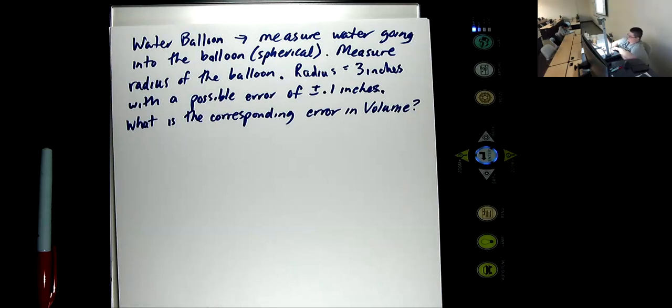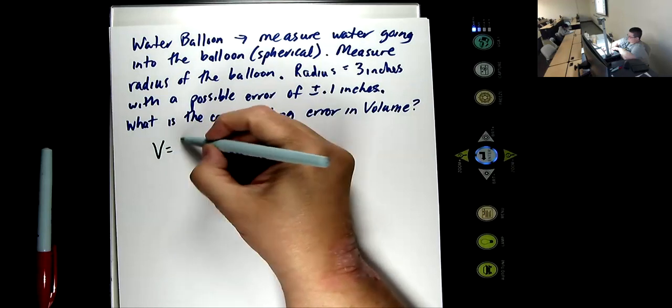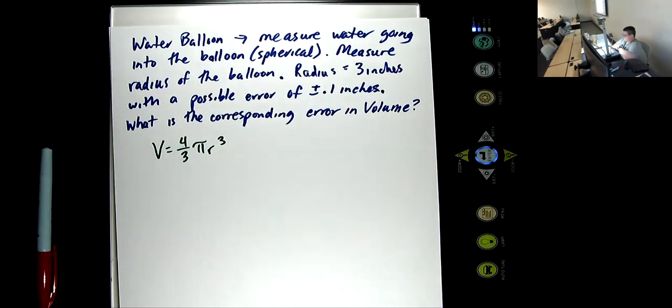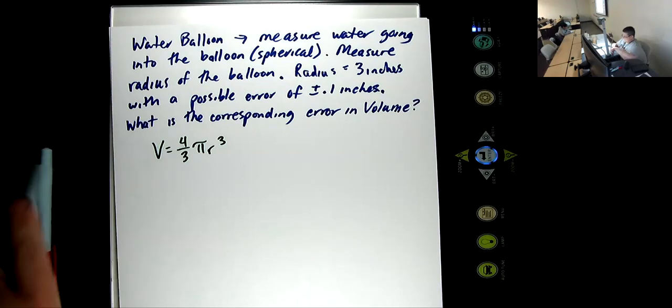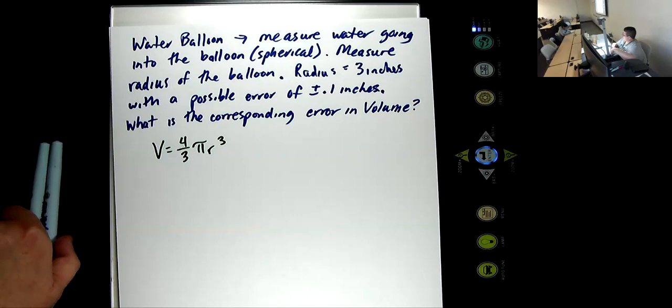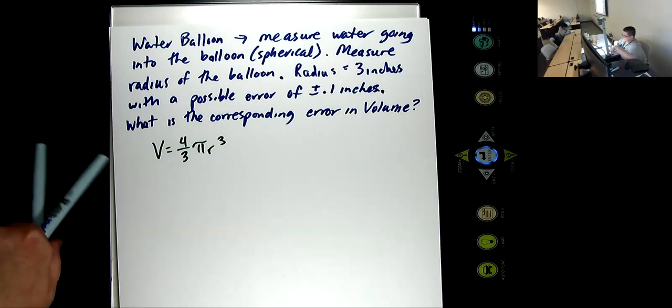All right, so volume for a sphere is 4/3 pi r cubed. Let's take the derivative by using differentials.